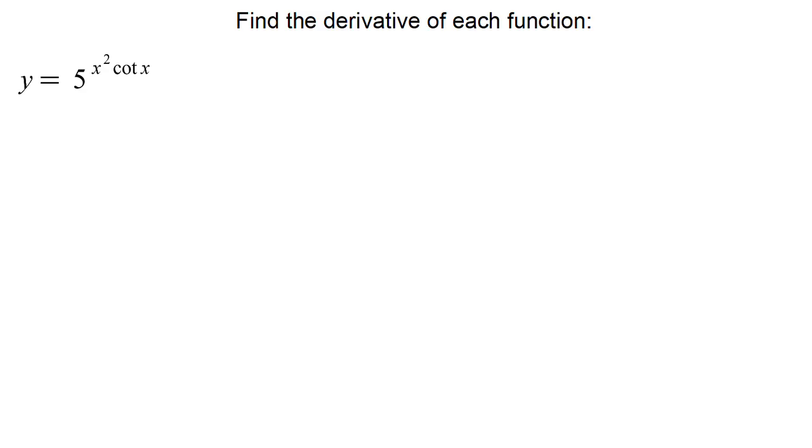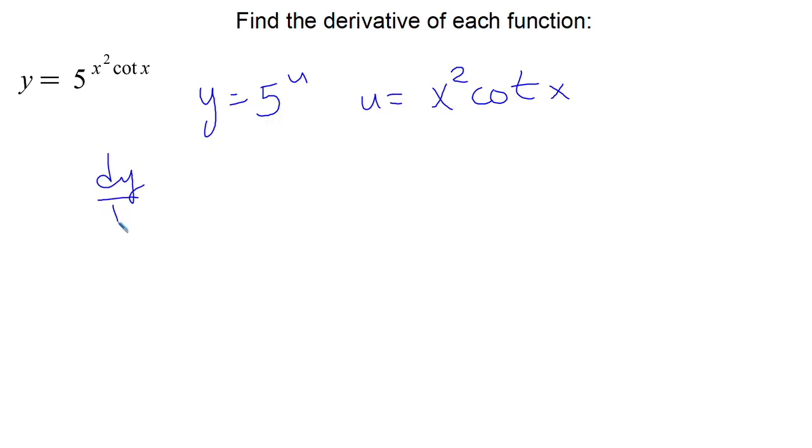There's just 2 more to go here. This one is, again, y equals 5 to the u, where u is equal to x squared cotangent x. Well, dy du is just going to be 5 to the u times the natural log of 5. But du dx is a product of 2 functions.